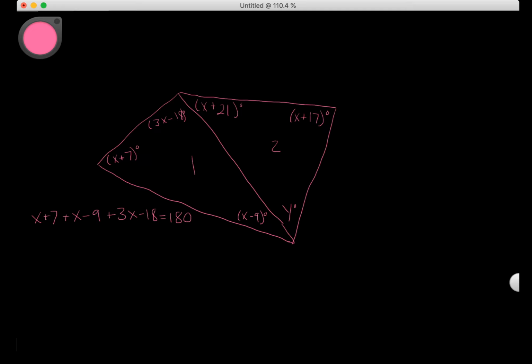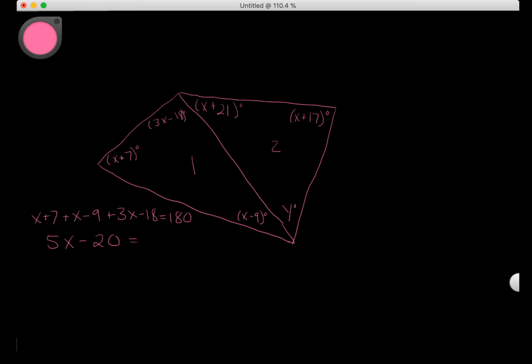So again, first we want to combine our like terms. So we have x plus 3x. So we have a 5x. And then we have 7 minus 9 minus 18. So we have a negative 20. So 5x minus 20 equals 180.